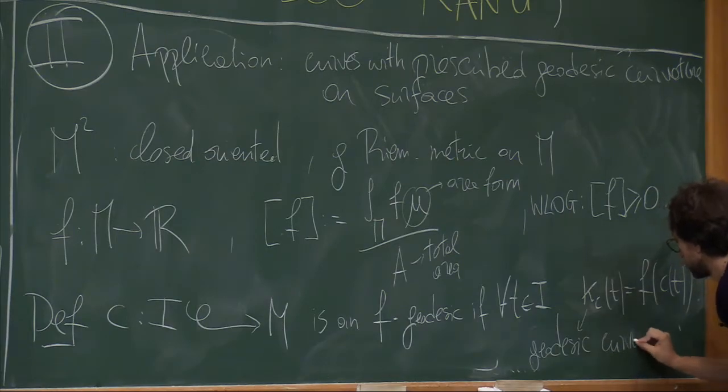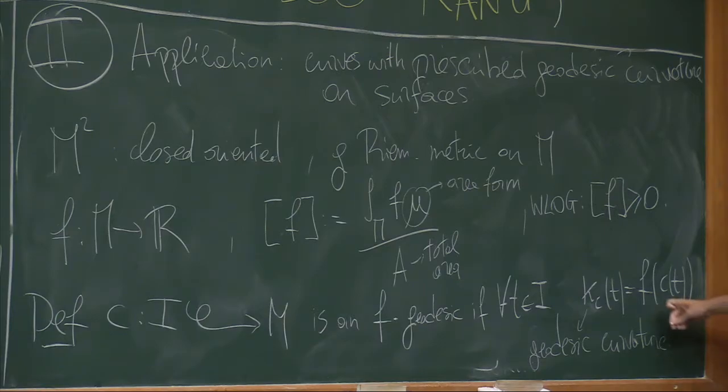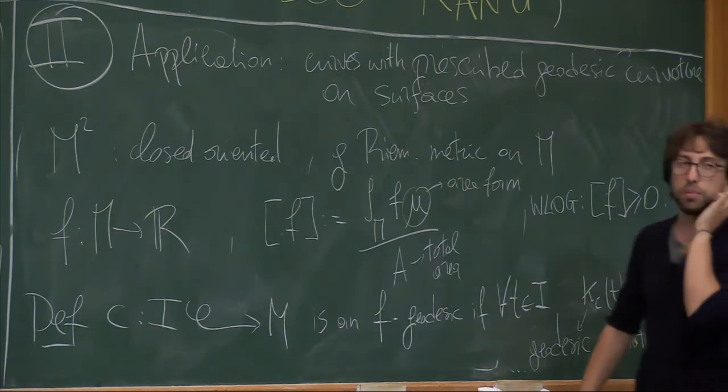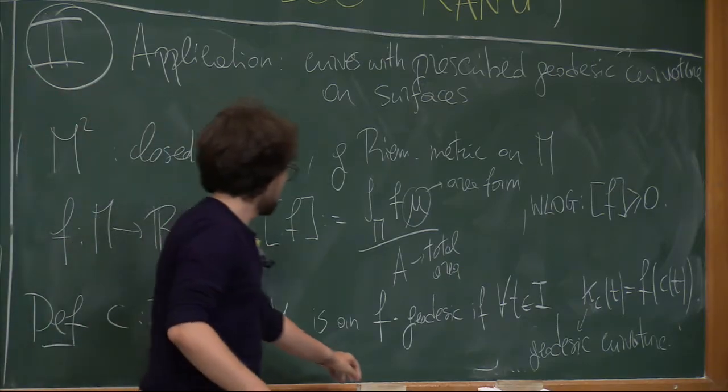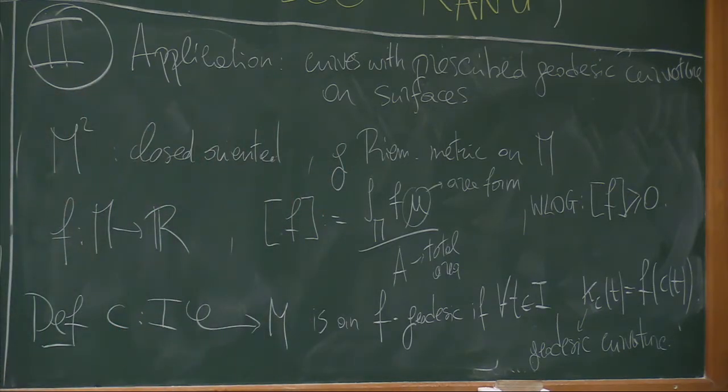So as I said before, this f is just a way to prescribe the geodesic curvature at every point. Okay? And now we can ask to describe the closed curves satisfying this property. And we will see that then these closed curves, if I restrict the setting sufficiently, will be critical points of some functional.